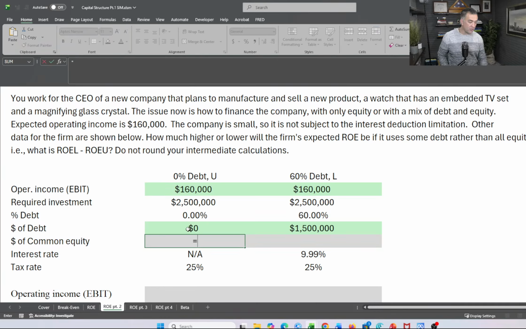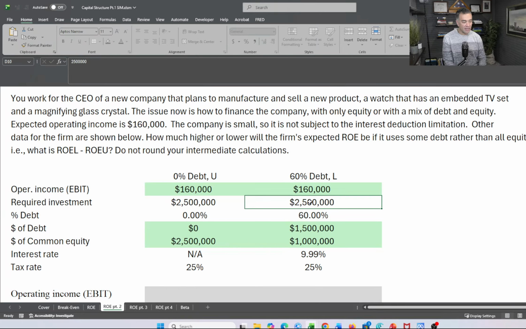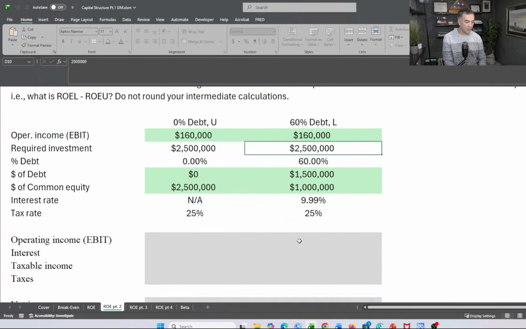Well, it's going to be all the investment. That's equity. And 60% is debt, which means 40% is equity. A bunch of ways you could do this. I could take 40% of the invested capital, or I could take the capital minus the debt, which would be the equity.